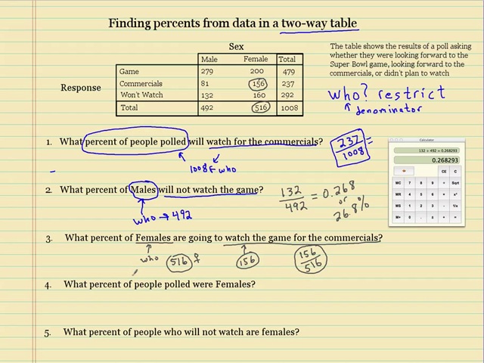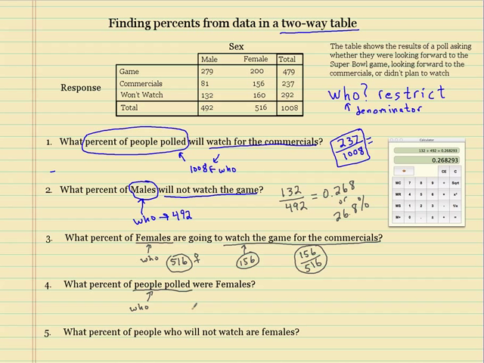Let's look at the next one. What percent of people polled were females? What percent of people polled? This is my who. That's who we're interested in, the people that were polled. See if you could do this one. You could pause it and try the last two and come back to see if you got it right.